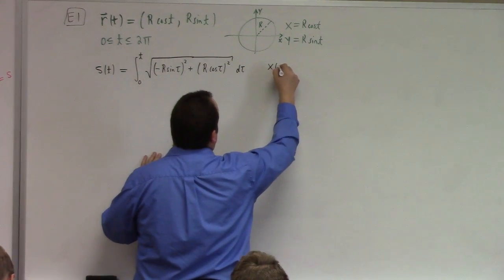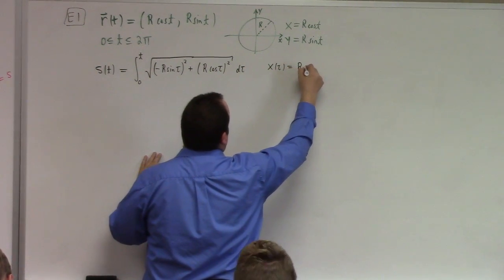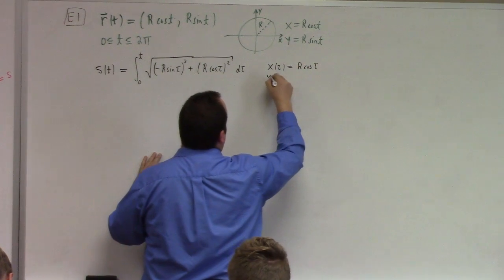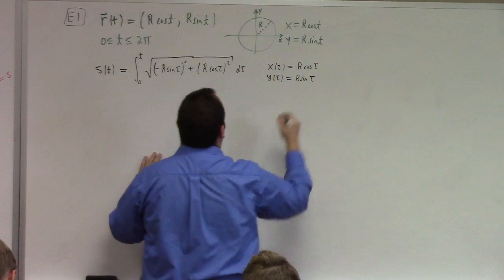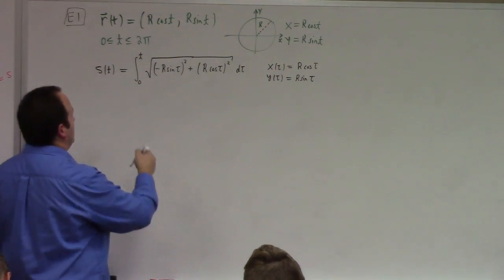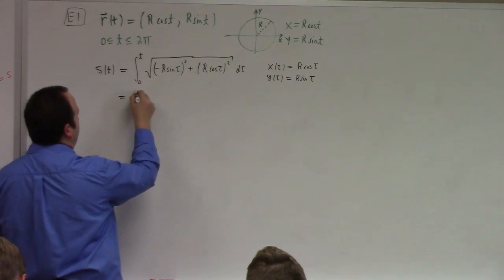I'm noticing x of tau is equal to r cosine tau, y of tau is r sine tau. So what happens here?